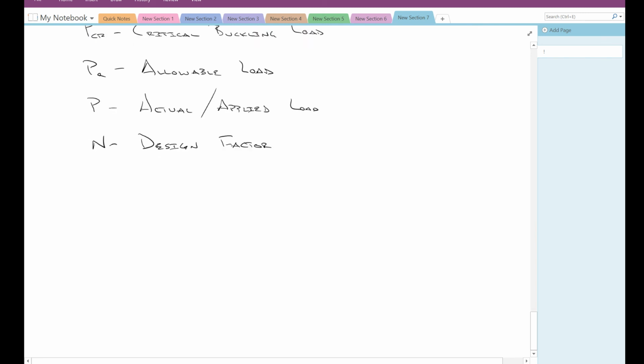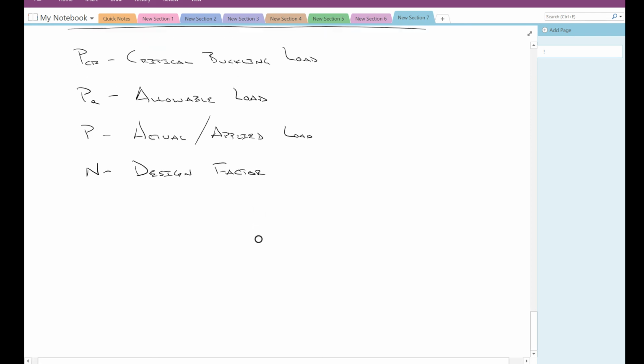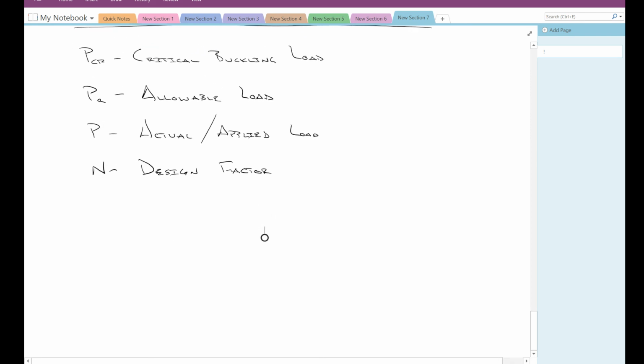So what we can say is that our allowable load is related to our critical buckling load by our design factor. So our allowable load is equal to our critical buckling load divided by N, our design factor or safety factor. So what you will end up wanting is an actual applied load which is less than or equal to our allowable load, which should be less than our critical buckling load, like so.